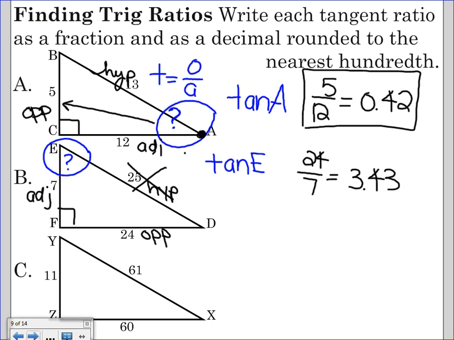I was going to say the 2 should round up to a 3. So this is our entire answer for this one. If it doesn't say round, it'll always tell you to round because most of the time it's not going to come out to a whole answer.